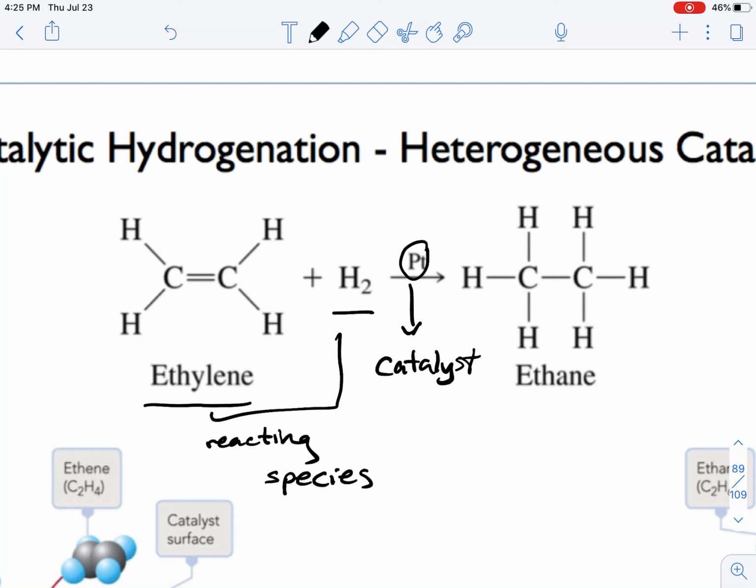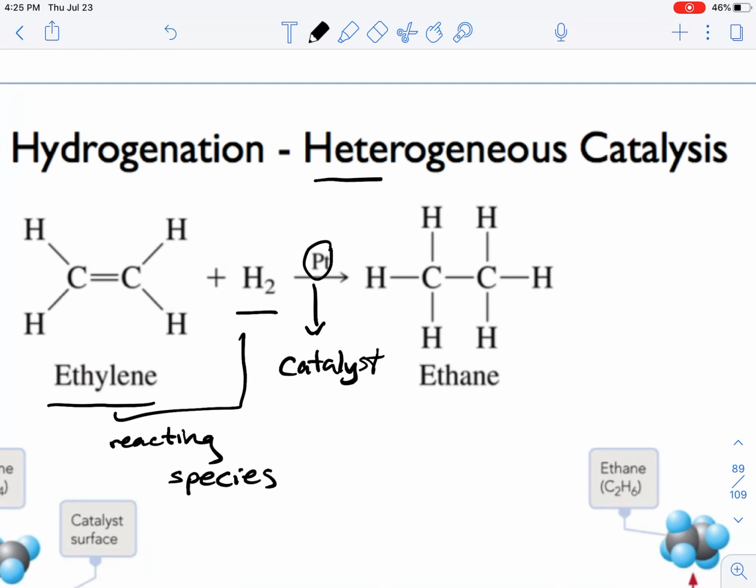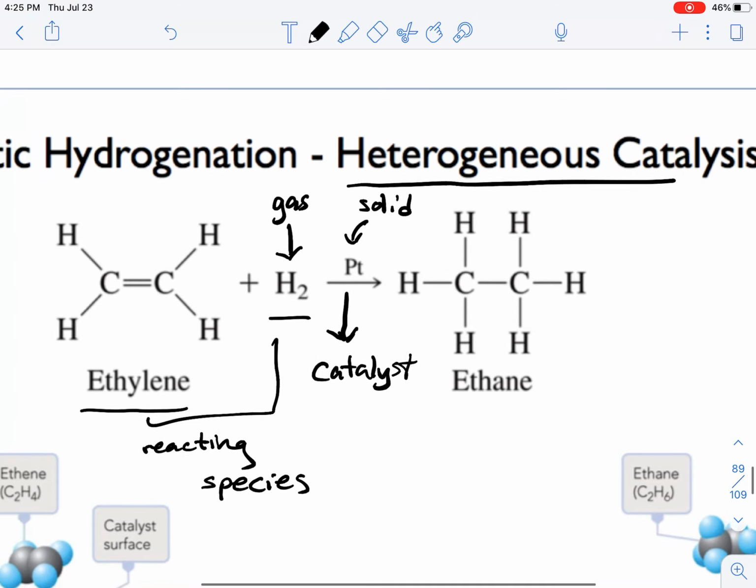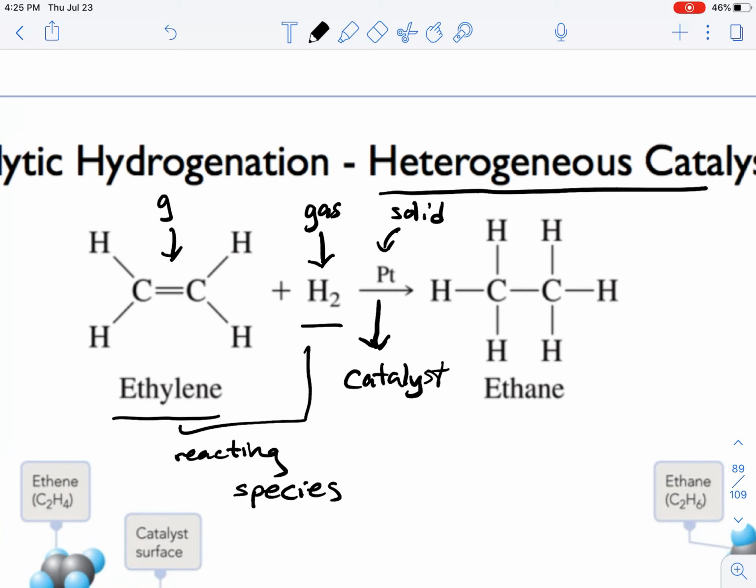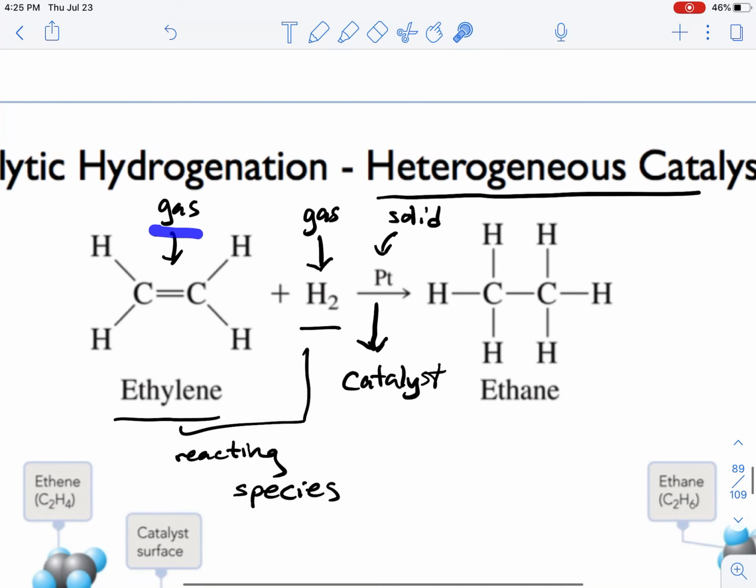And what makes this an example of a heterogeneous catalyst is the fact that platinum is solid in state, whereas H2 gas is gaseous in phase, as well as ethylene. Notice that since there is a difference in physical state of matter between the reacting species and that of the catalyst, it makes the catalyst a heterogeneous catalyst.